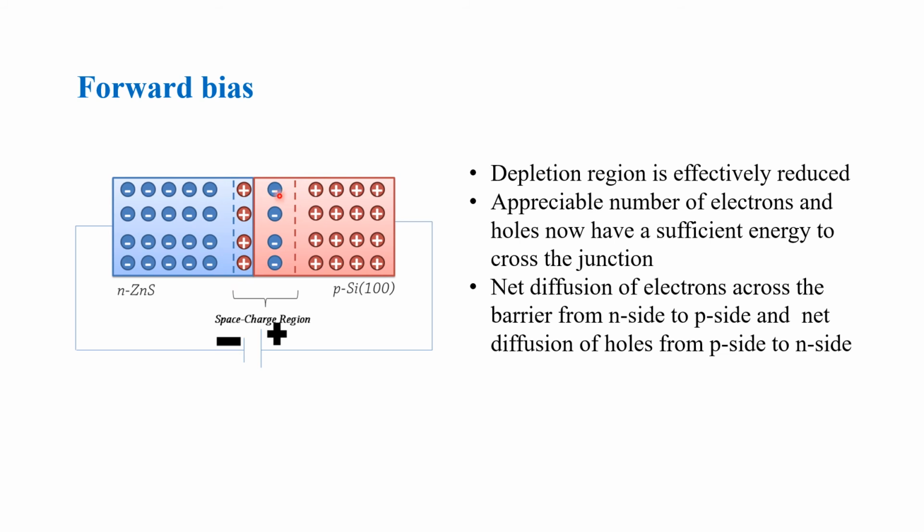Since this depletion region is reduced, it will be easier for electrons and holes to move. Net diffusion of electrons from the n-side to the p-side, and net diffusion of holes from the p-side to the n-side, will be easier. For example, here you have your n-type zinc sulfide and then your p-type silicon 100.